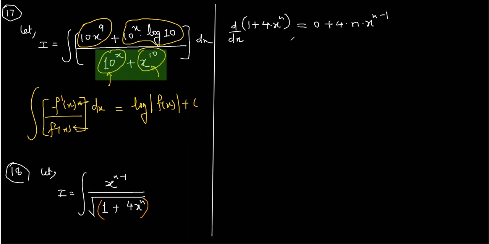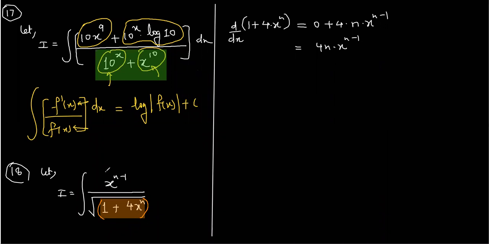So the derivative of the content of the square root is 4n x raised to n minus 1.